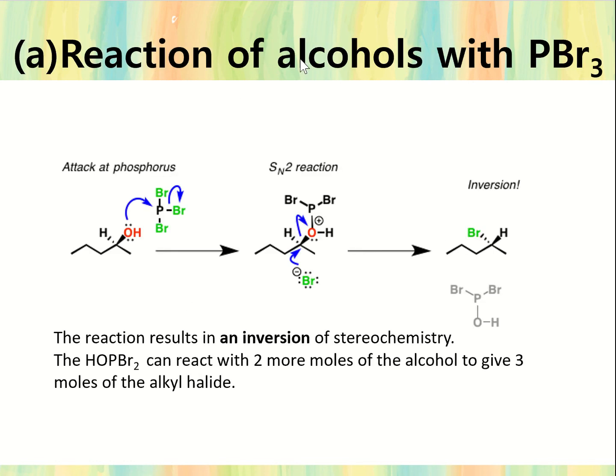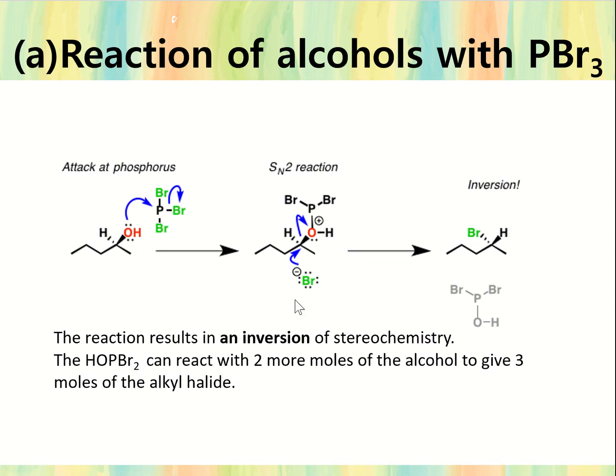All right, so reaction of alcohols with PBr3 for short, right? And so we have alcohol, and it's a very intuitive mechanism here. Our oxygen will be nucleophilic, and it will attack our phosphorus, and then that will cause our PBr bond to break.